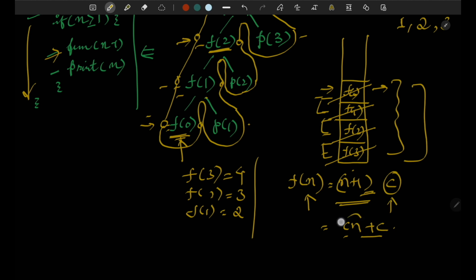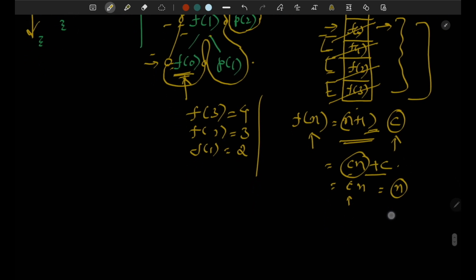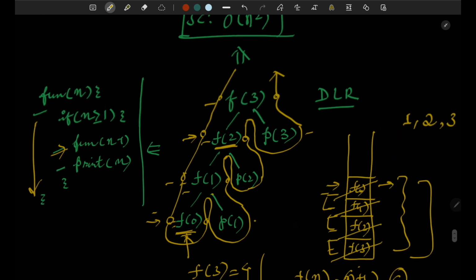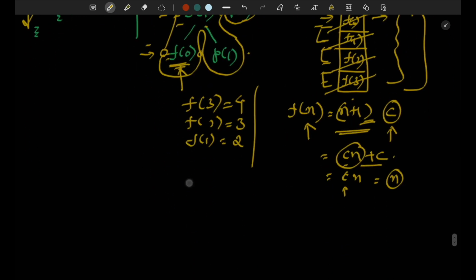So anyway, the leading term here is Cn, and C is constant, so we could ignore it and we have n. So effectively, this particular algorithm is going to take this particular space, that is big O of n.